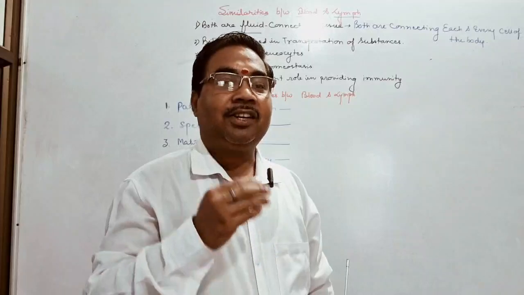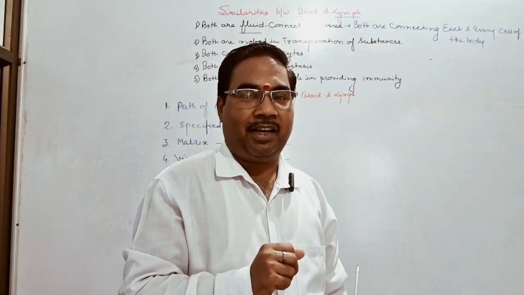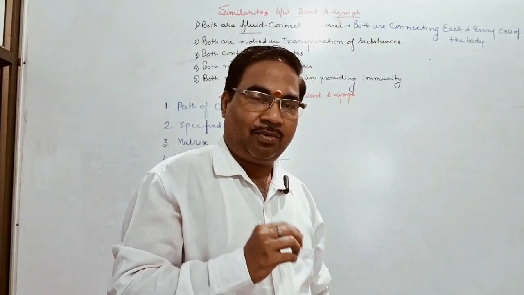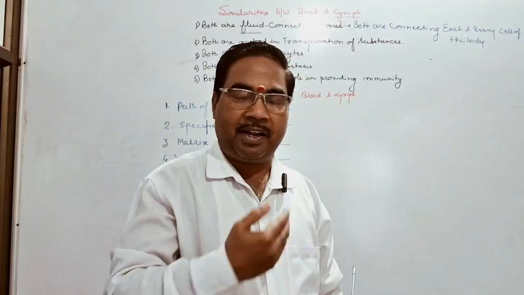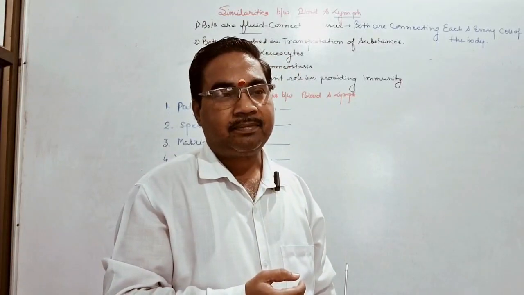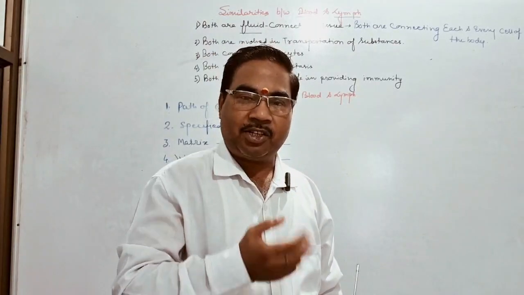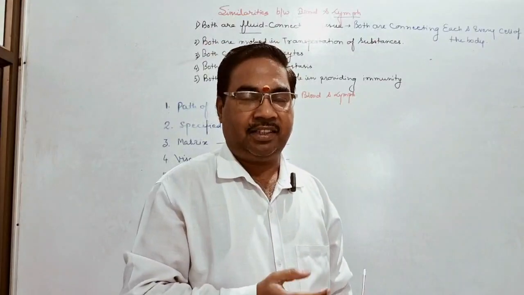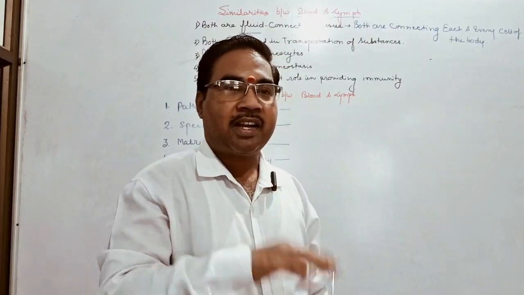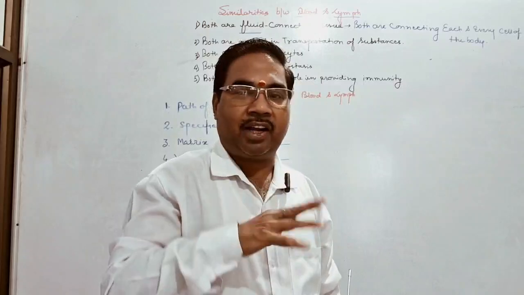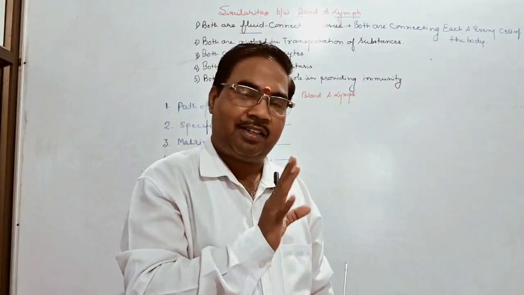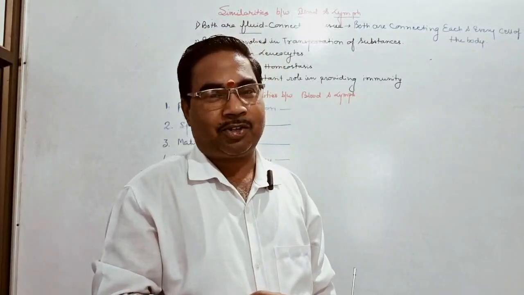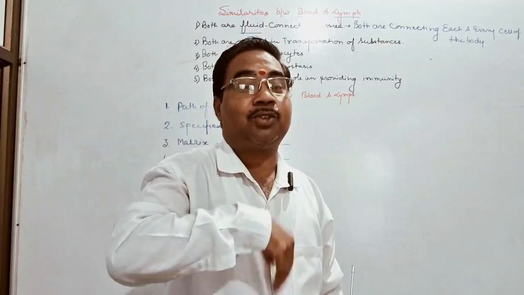Second, let's focus on carbon dioxide. While different kinds of metabolic processes like respiration occur, carbon dioxide is generated inside our body. This carbon dioxide is not required by our body, although it is generated by metabolic processes, so our body has to remove it.